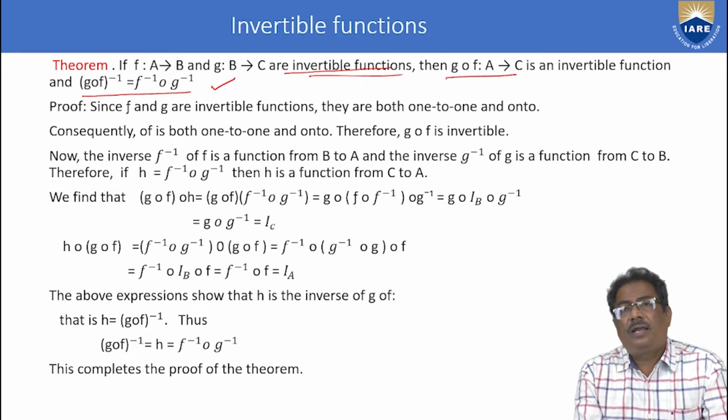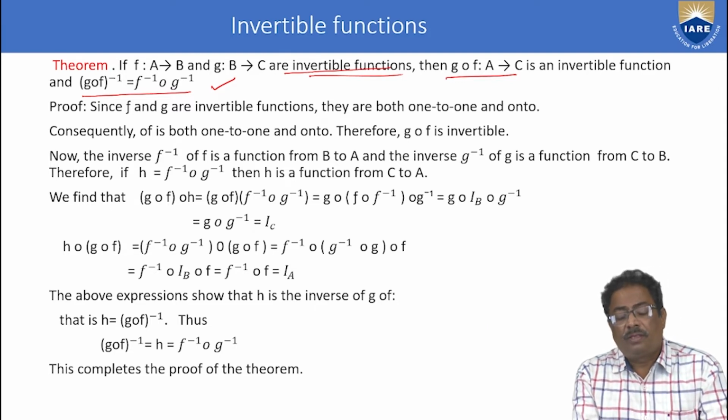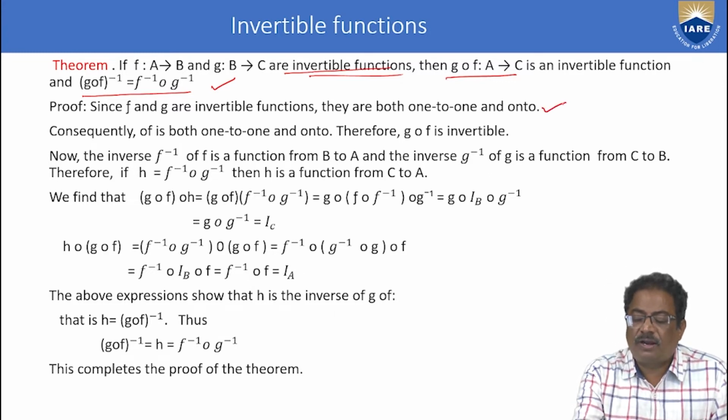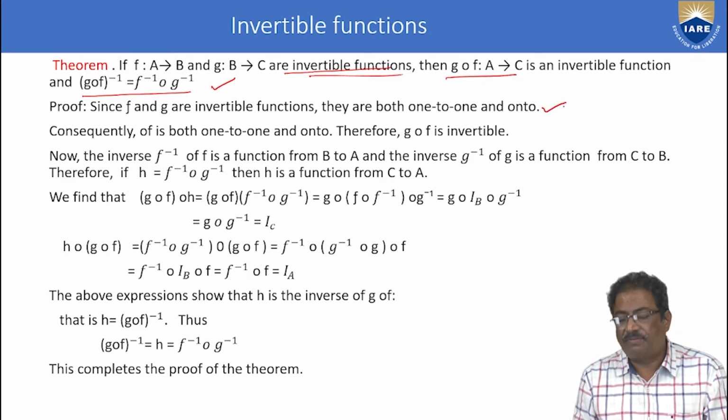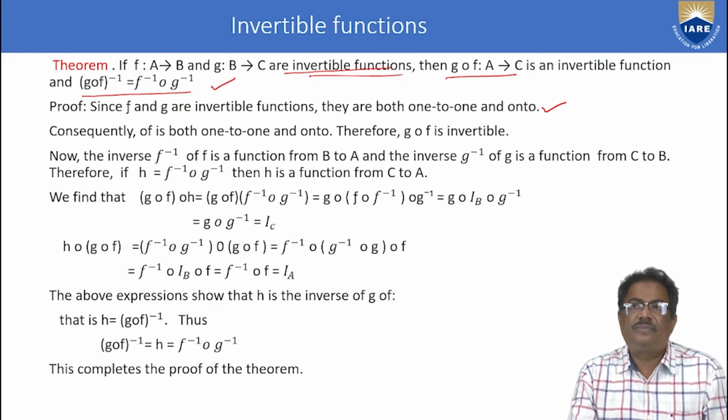It is given already that f and g are invertible functions. So both f and g are one-one and onto, because a function is said to be invertible if it is one-one as well as onto.